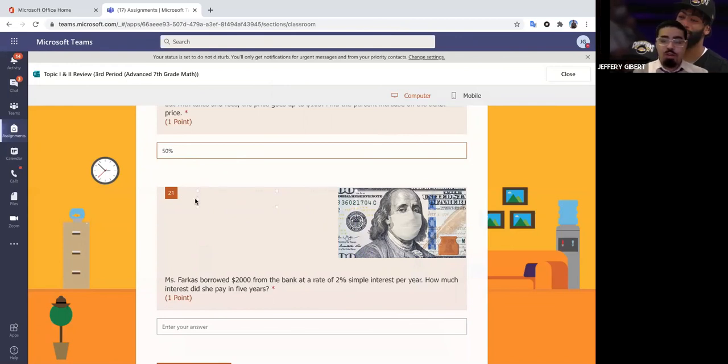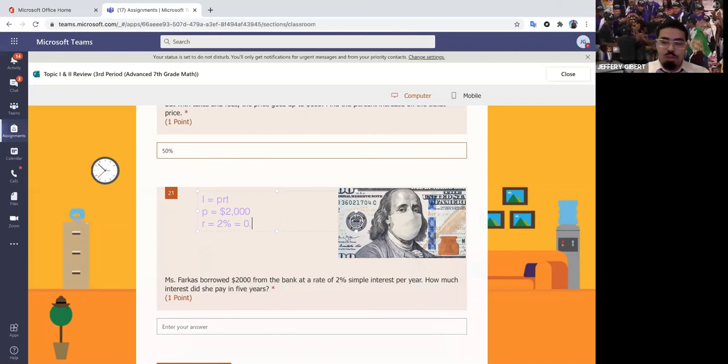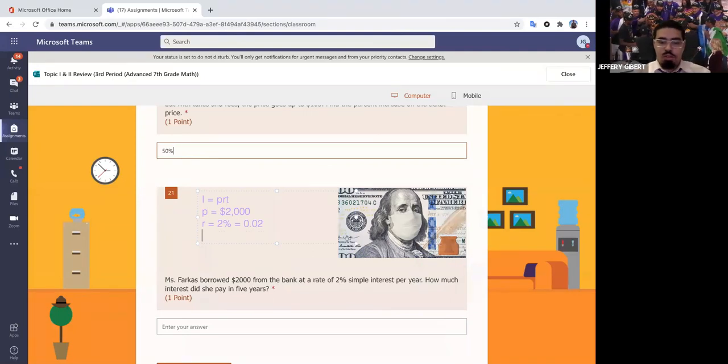On this one, you got to use I equals PRT. The P equals 2,000. The R equals 2%, which equals 0.02. And the years for the time is 5.